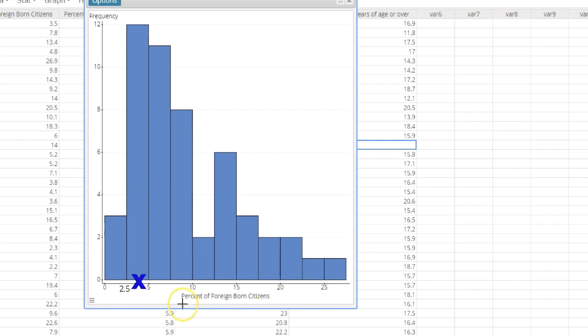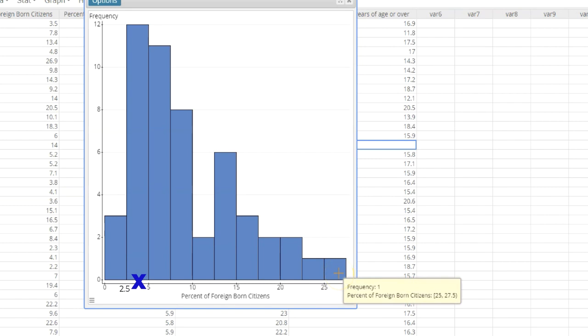So notice on the histogram, I can see the shape, like we said before, skewed right. And then my eye gets drawn and we kind of wonder, well, who has the biggest percentage of foreign-born citizens? I think some of us can guess. That percentage is somewhere between 25 and 27.5%. But from the histogram, we would never know. So the histogram sometimes loses some information from the data.